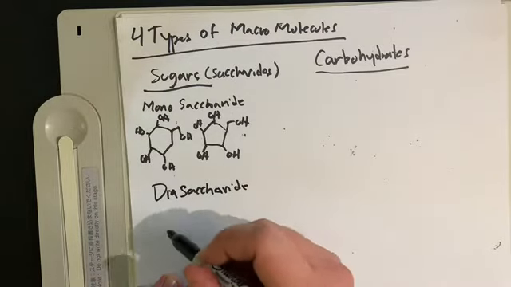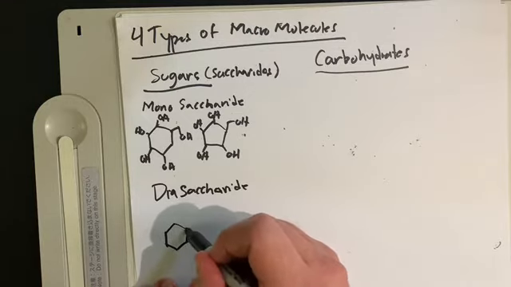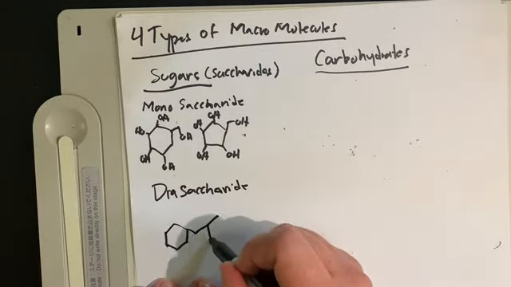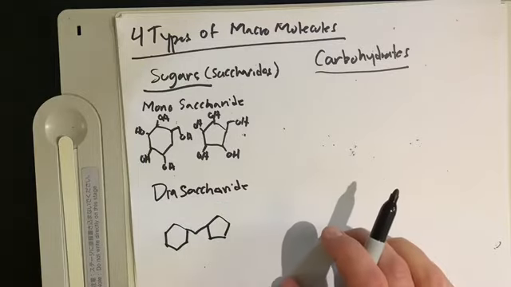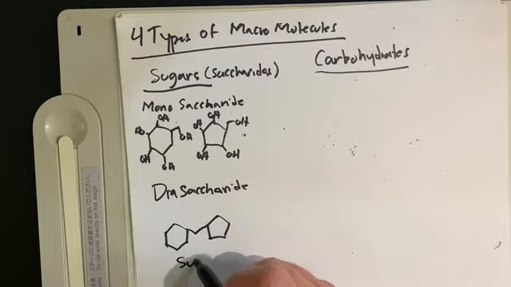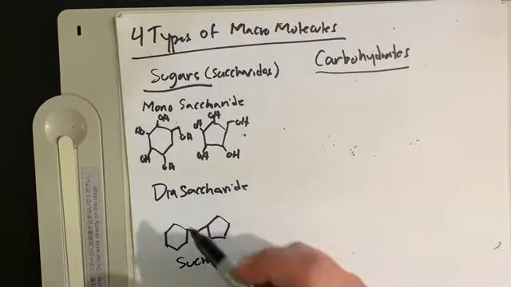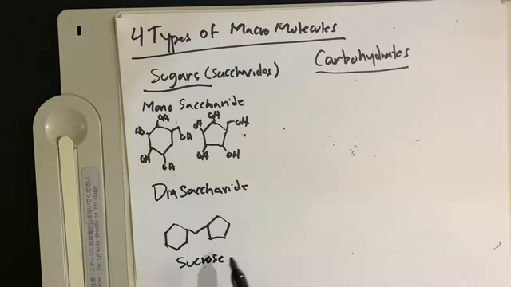So I'll draw these a little bit more simply. That's when you would combine 2 saccharides together. And in this case, if you had glucose and fructose together, you create sucrose. So sucrose is a disaccharide with, like I said, fructose and glucose. And sucrose is our table sugar.